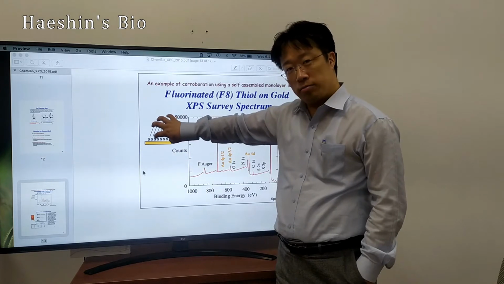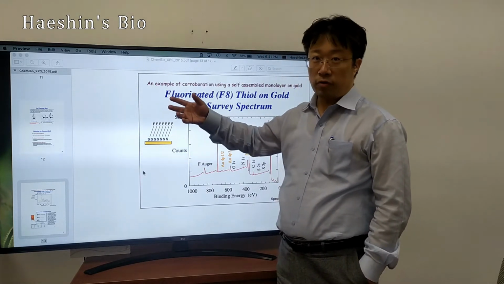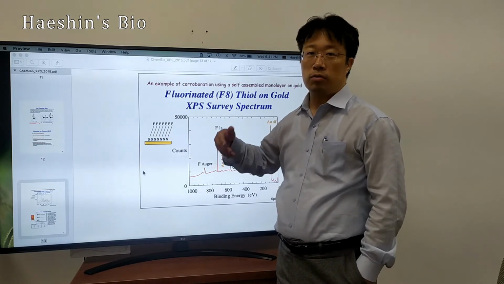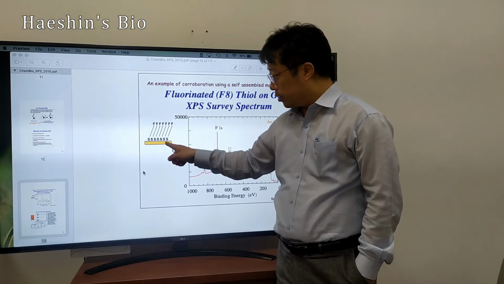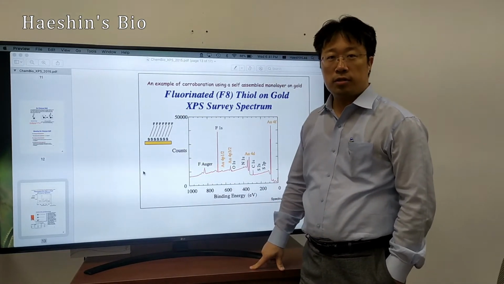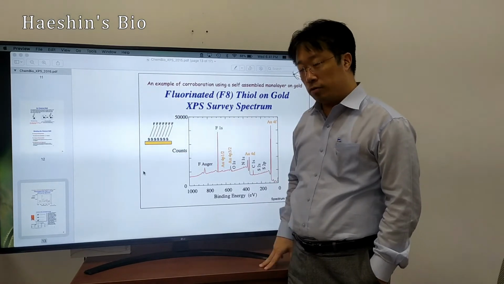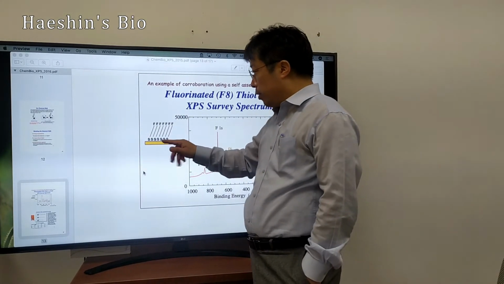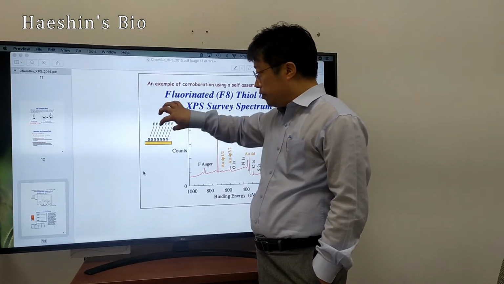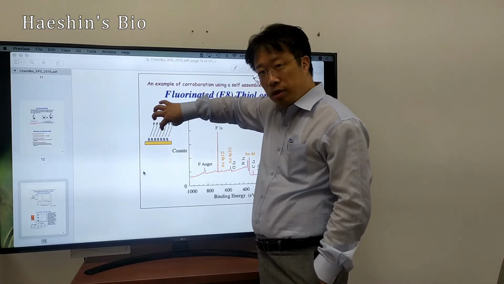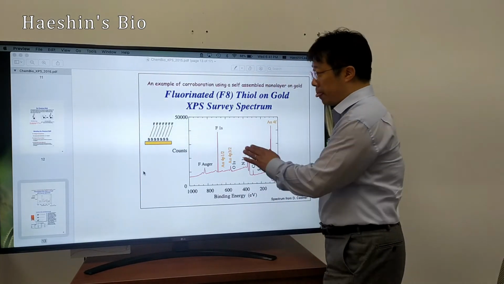You immobilize proteins here, glucose oxidase for example. Then glucose oxidase takes glucose and gets electrons from it, and then you have current generation. So this is a kind of configuration of surface modification of gold, for example. Anyway, this monolayer is for future applications such as protein adsorption.